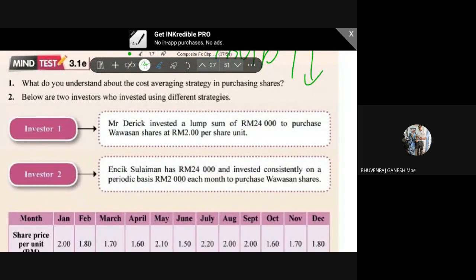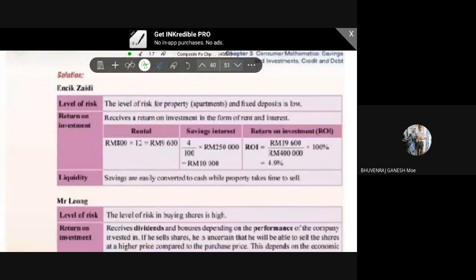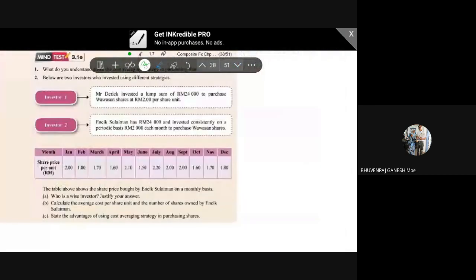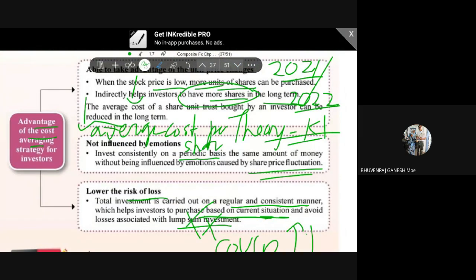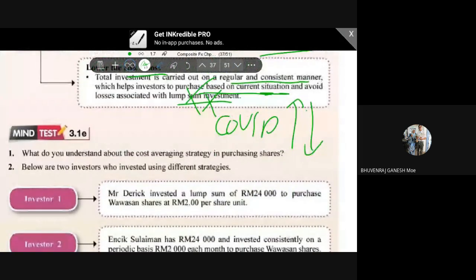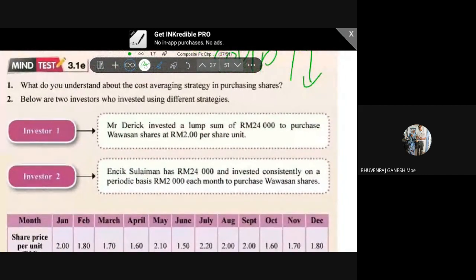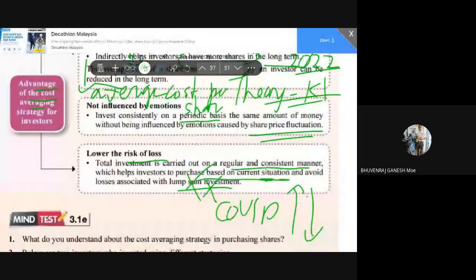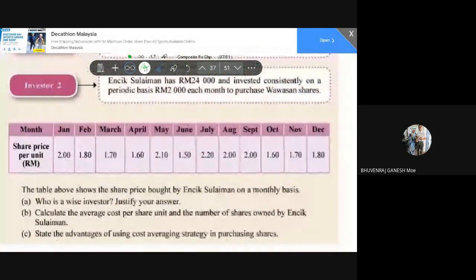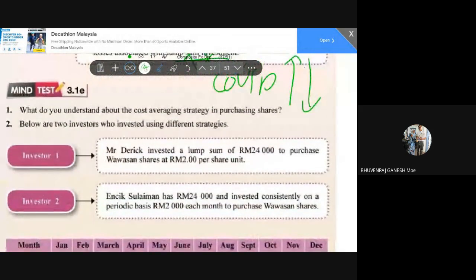Let me see, how many more? Now comes your turn for the questions. What do you understand about cost averaging? Now we have two here, so you divide equally. One for Jess, one for Kuan. Number 1 is quite short.